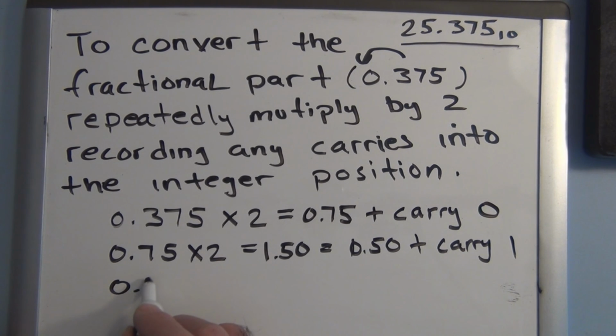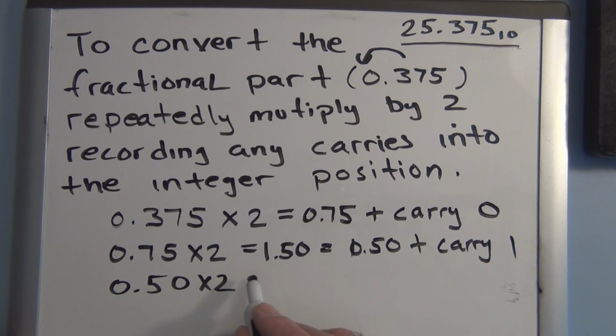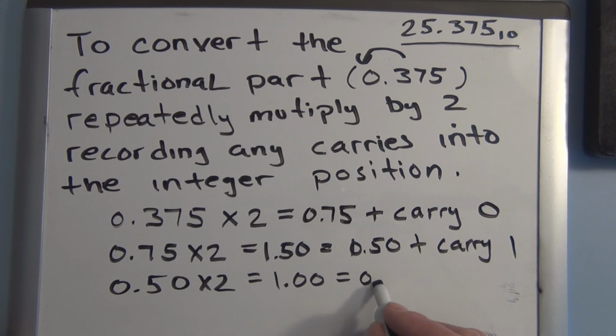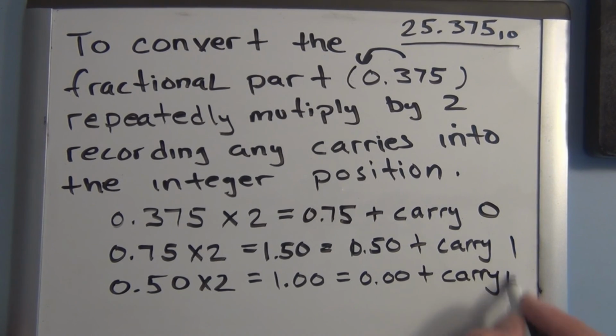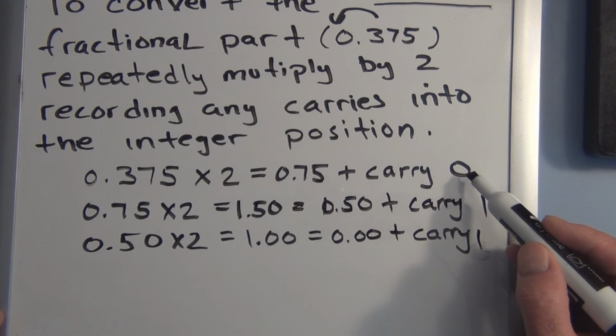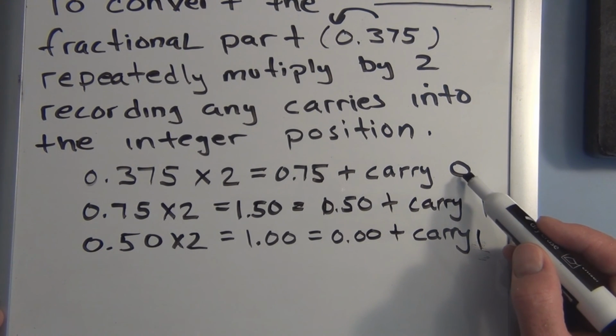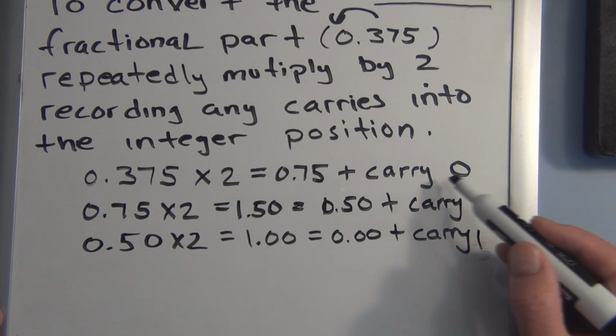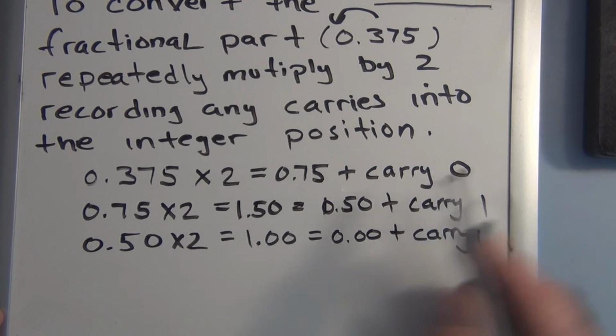So we have 0.50 times 2 equal to 1.00, which is equal to 0.00 plus the carry of 1. Now in this case, the first carry is the most significant bit, which is the closest to the decimal point.